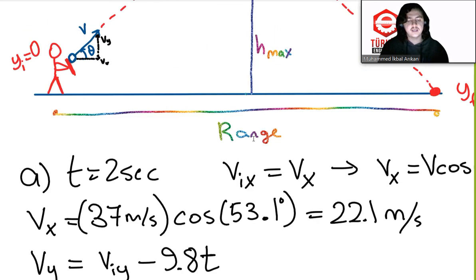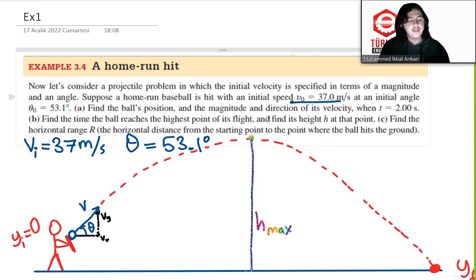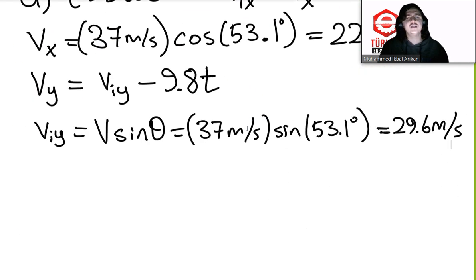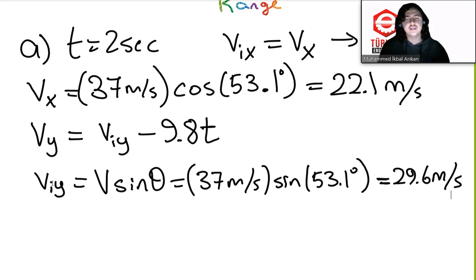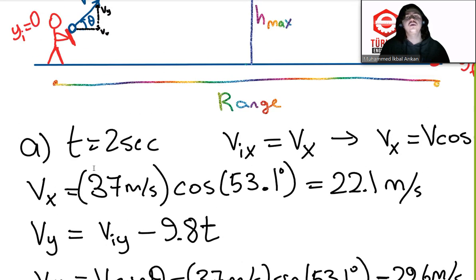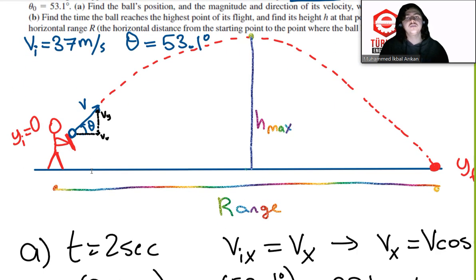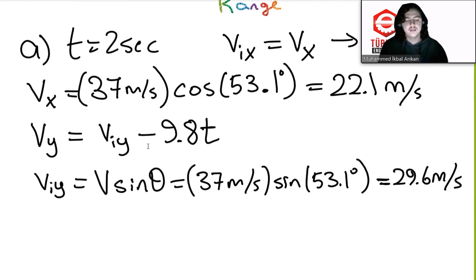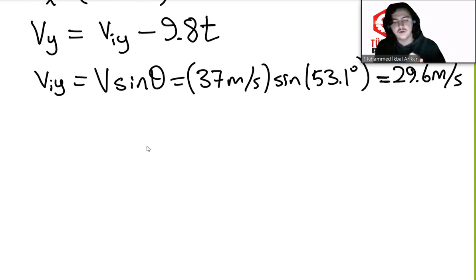So it's asking in part A for the magnitude and direction of its velocity. Actually, neither this nor this is the velocity of the ball. The ball is going with a velocity in its direction. So let's say that our ball is here. It will go with a velocity in this direction, in two dimensions. So how can I calculate the resultant of V?